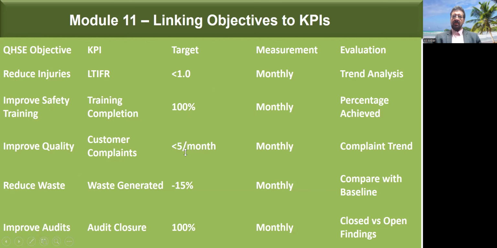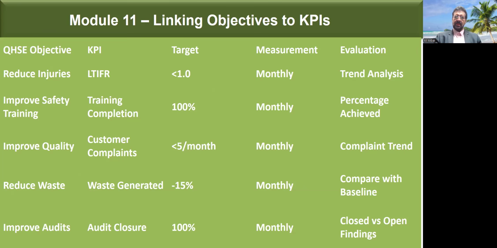Improve quality: customer complaints. We can say a reduction by a percentage is difficult, so we will reduce customer complaints, like last month we had 30, and this time we will reduce to 25.